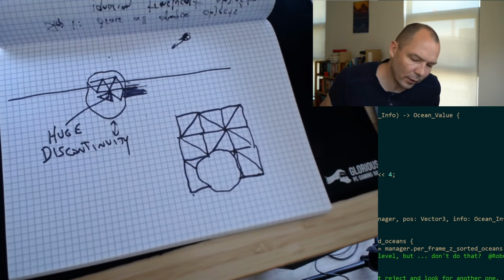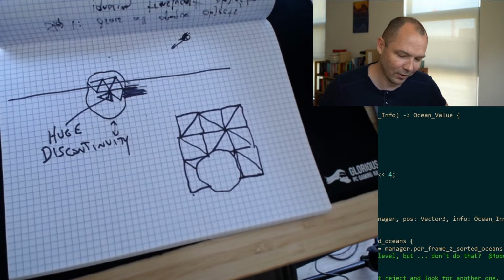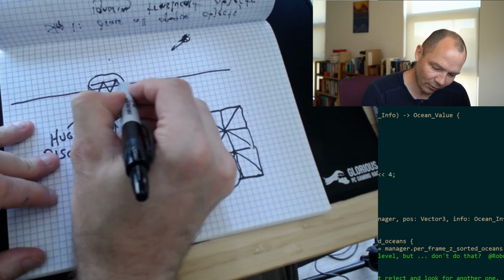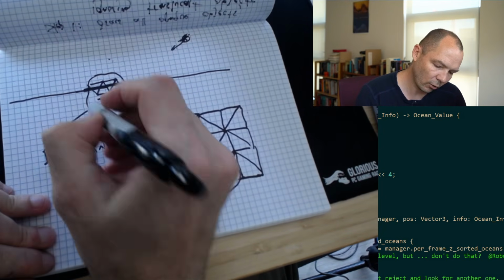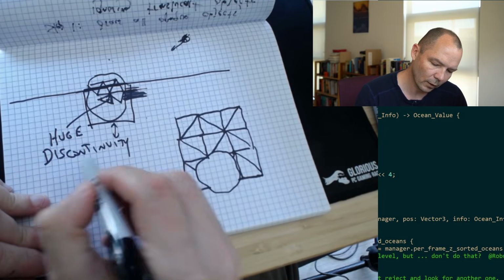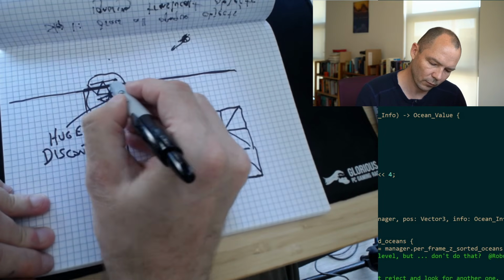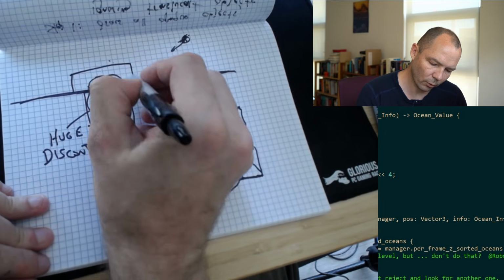So I think what we're going to do in this game is the following. We're going to split the object, right here, and then you can render it sorted. You render the bottom part, then you render the ocean plane, and then you render the top part.